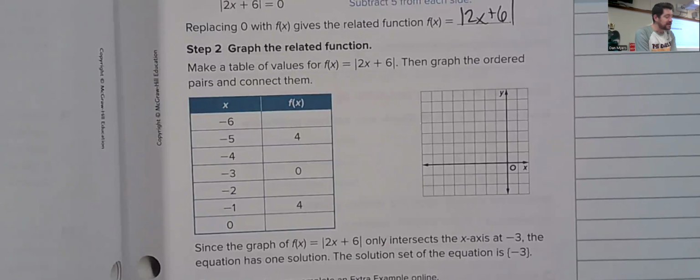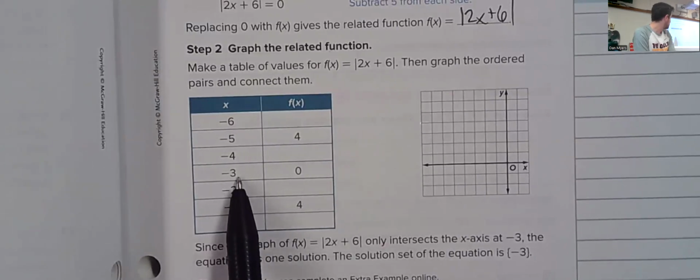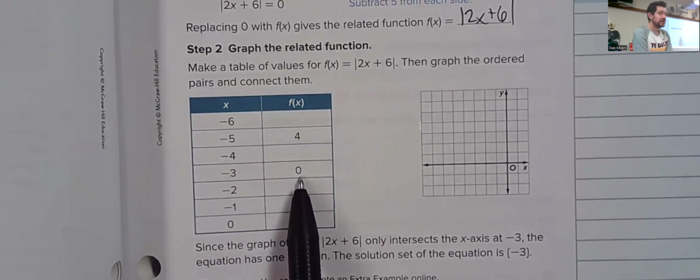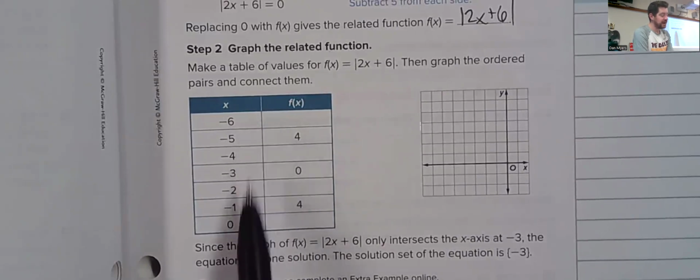Now, something that I have not mentioned previously is how you can tell that this is the vertex. Because what they did is they made a table of values with the vertex in the middle and then 3 points on each side of the vertex.